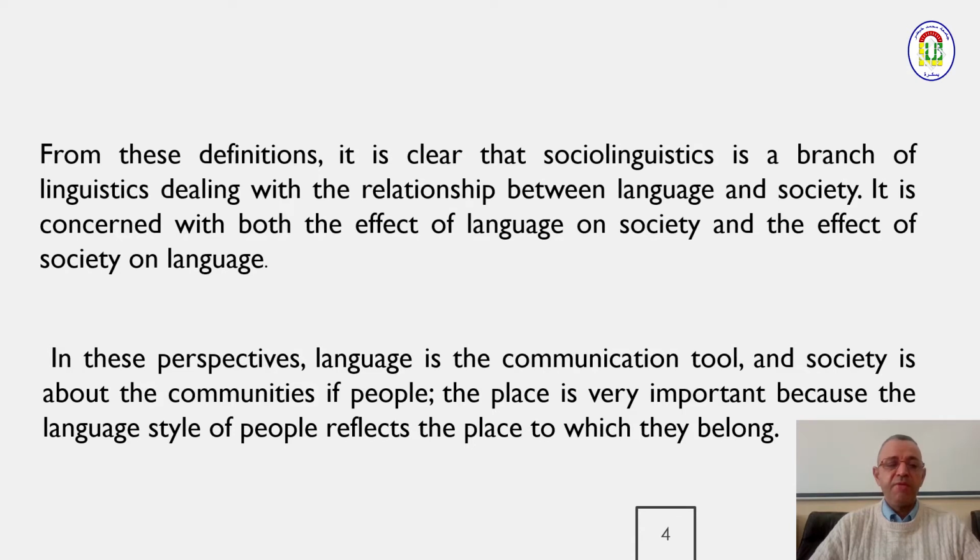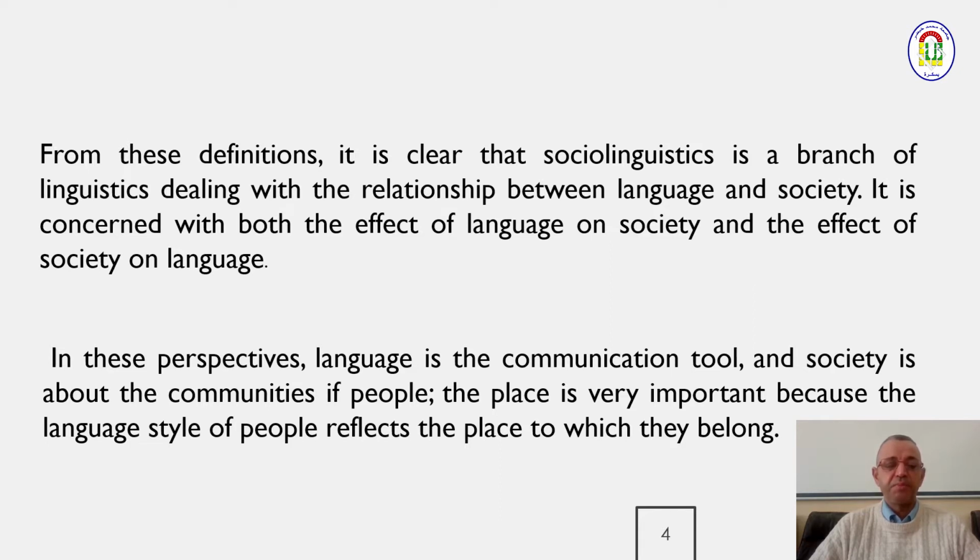Now, from these definitions provided by these scholars, it is clear that social linguistics is a branch of linguistics dealing with the relationship between language and society. It is concerned with both the effect of language on society and the effect of society on language. In these perspectives, language is the communication tool, and society is about the communities.